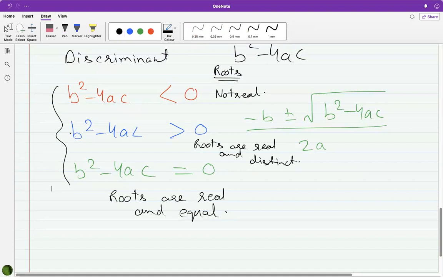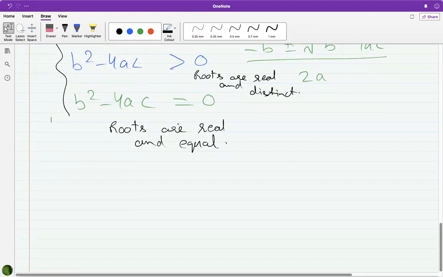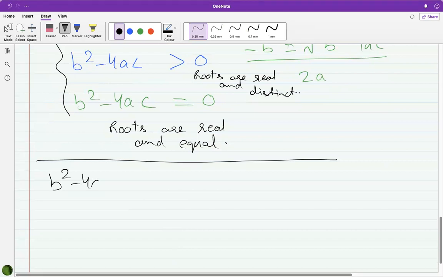We have to understand these three in depth. It is 1/3 of topic 1. So when b square minus 4ac is less than 0, roots are not real. This means that the graph is not touching the horizontal axis.